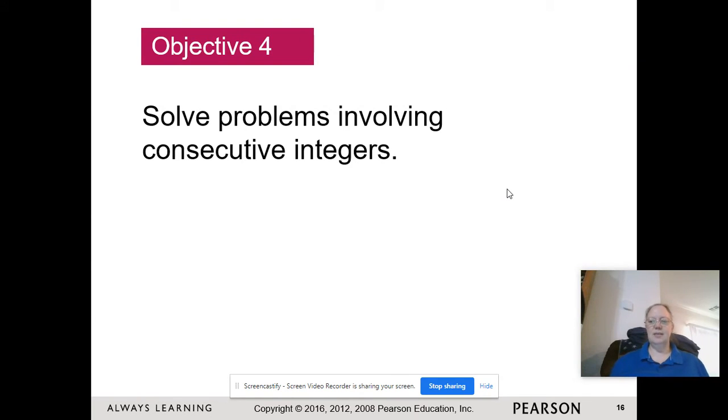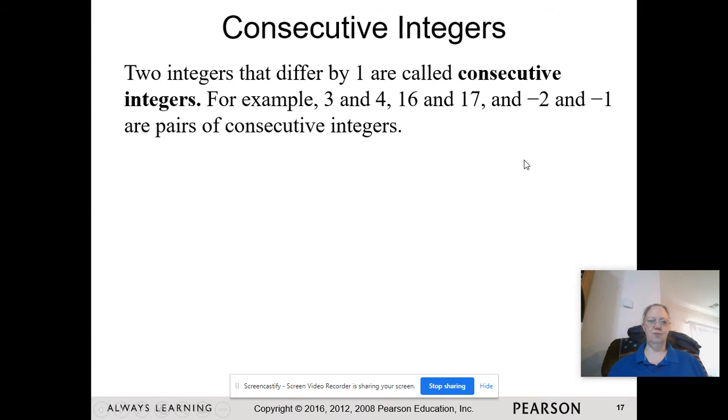All right, this is the second half of section 2.4 video. So we are going to talk about consecutive integers. As a reminder, when we say the word consecutive integers, what we're talking about is a number and then the next one. So for example, if I have 3, then the next consecutive integer would be 4. 16, the next integer would be 17.